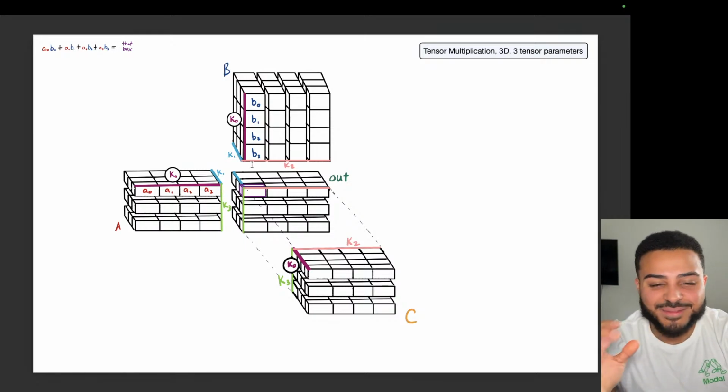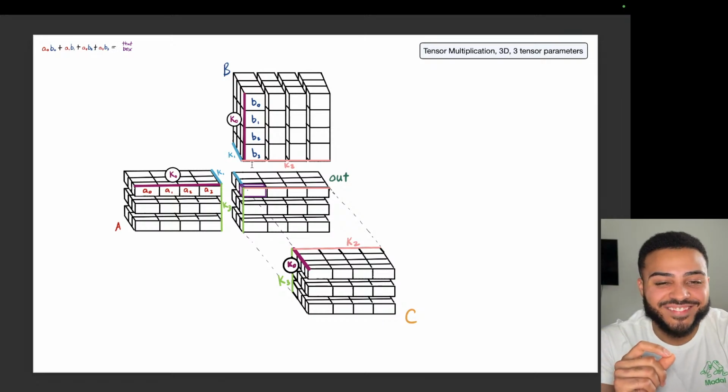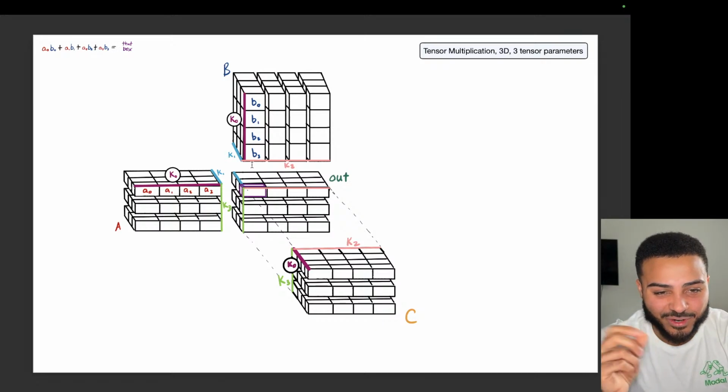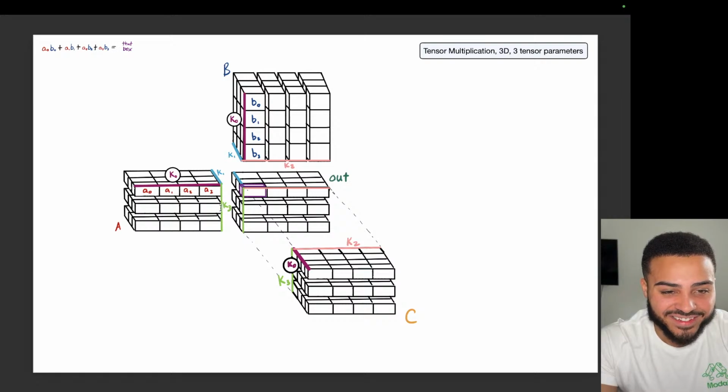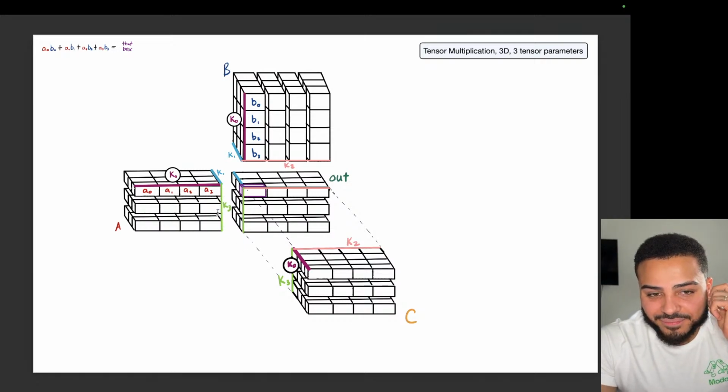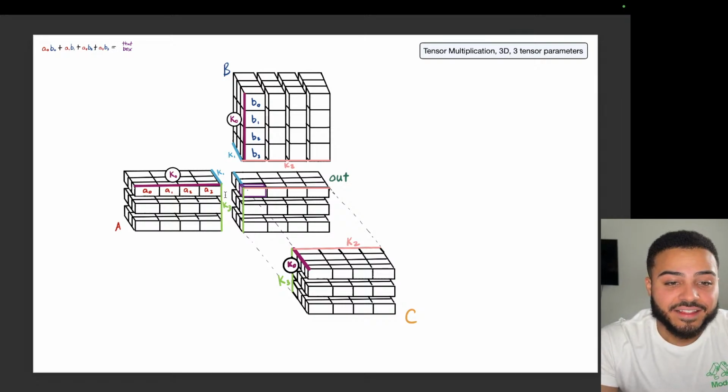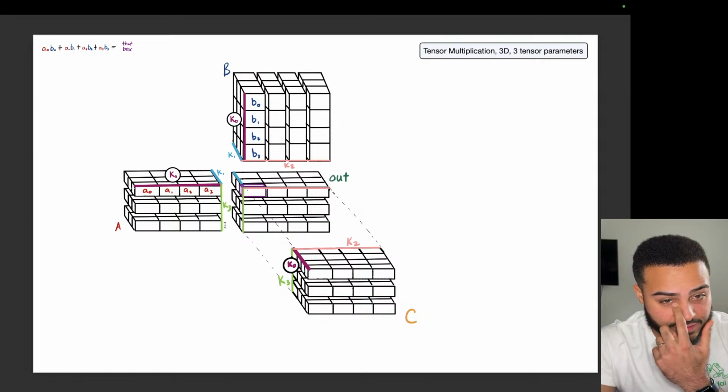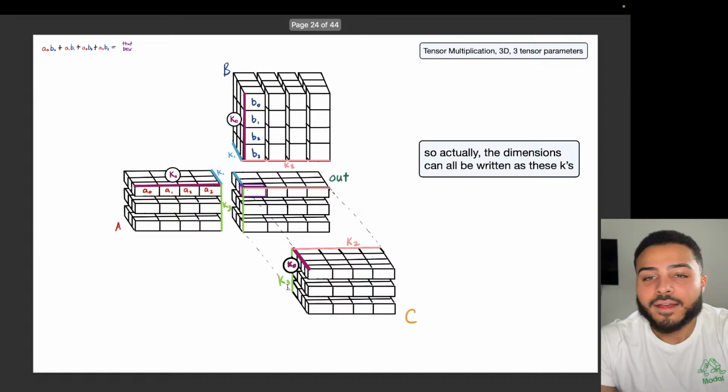Now I wish I tried to make them small numbers to make it drawable, but now I'm a little upset I didn't make one of these like 5. But anyways, K3 and K1 do not have to match, but these K3, these edges all do have to match.